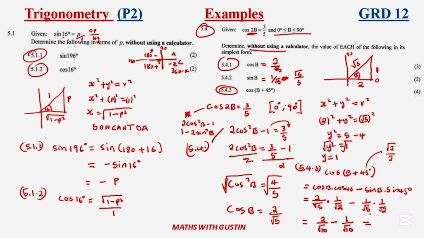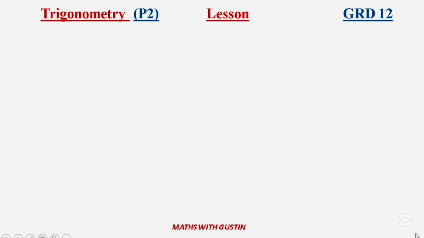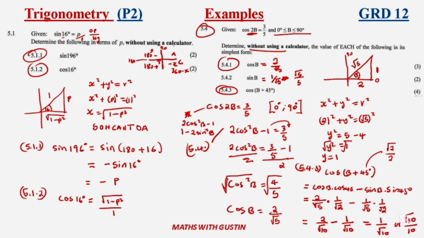You can easily simplify it. This is the answer that is going to give you, all over 10. Or if you use the calculator at the end, it will give you this answer here, which is square root of 10 all over 10.